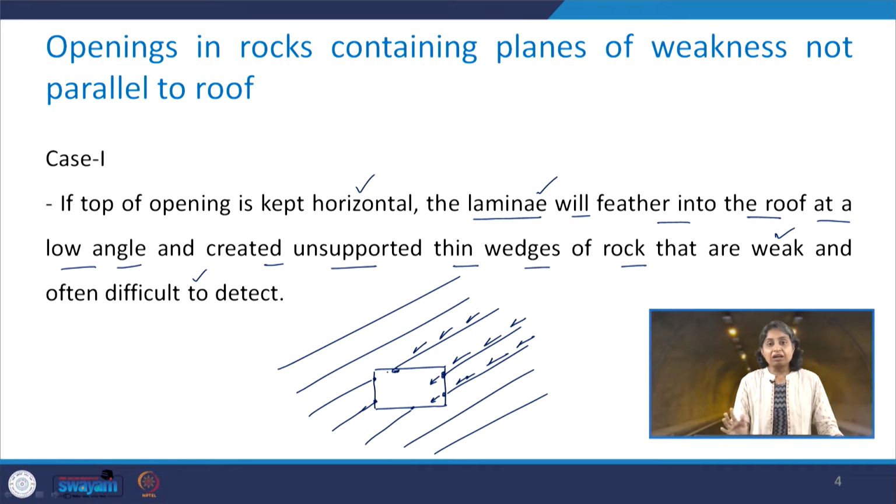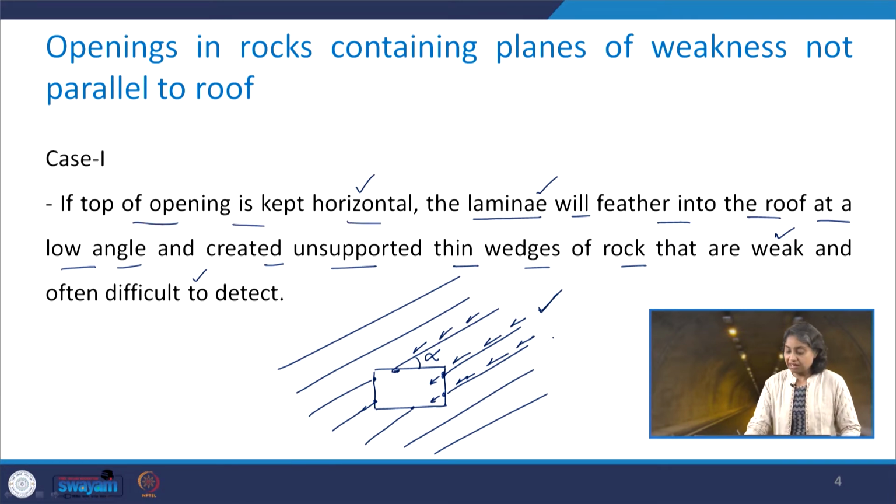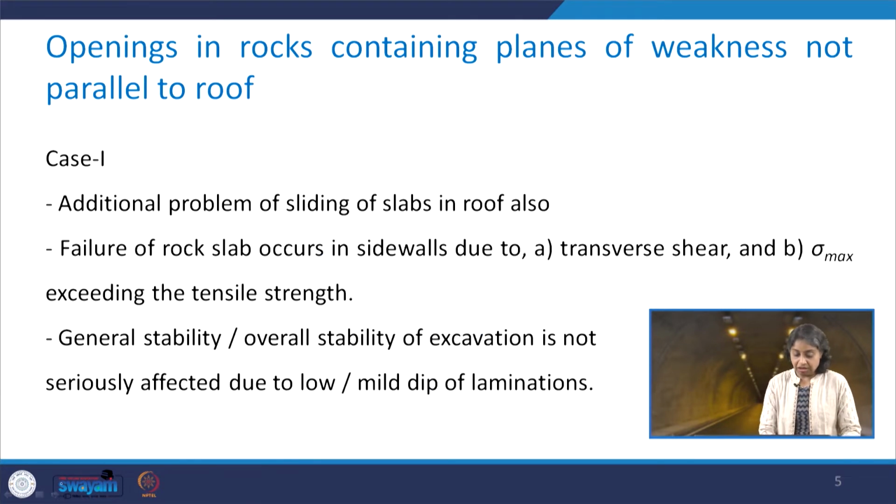And these are going to be very difficult to detect. So therefore, this creates the problem. Here this angle is alpha. So we need to be careful in deciding the inclination of the roof of the opening, because if we keep it horizontal, this is going to be the problem.